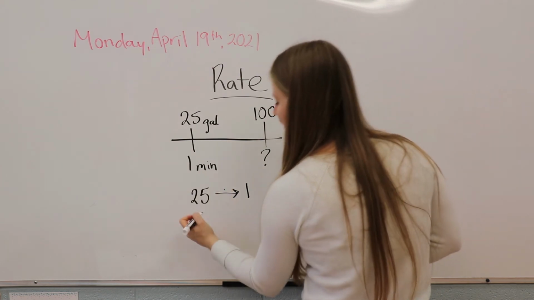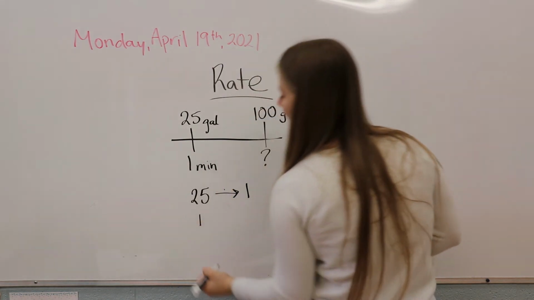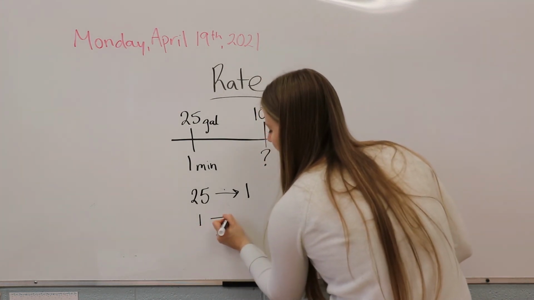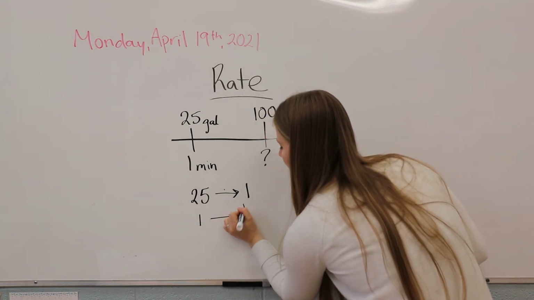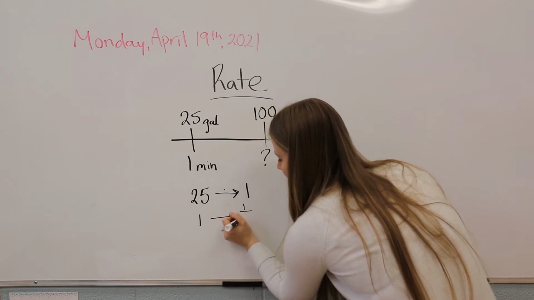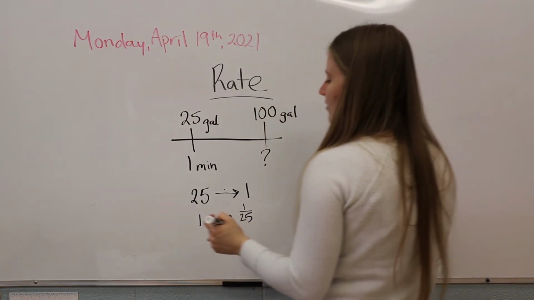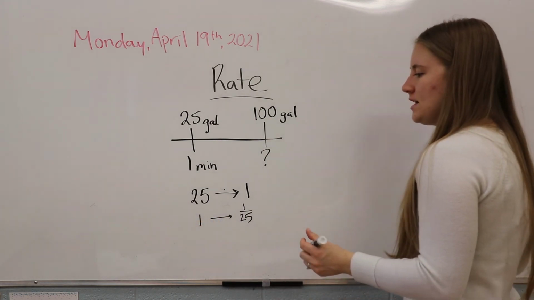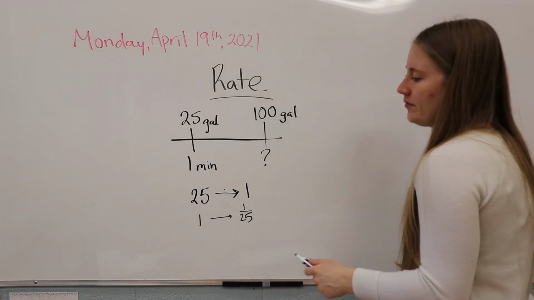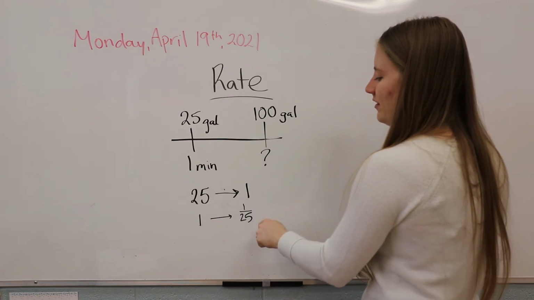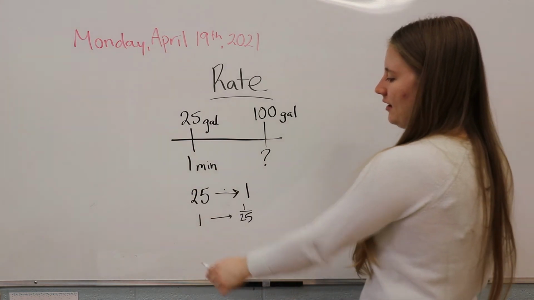And so we need to find how long it takes 1 gallon to be poured out. To find this, we know we have to divide, so we're going to represent it as a fraction, 1 over 25. This is the amount of minutes per gallon. It's 1/25 of a minute per gallon.